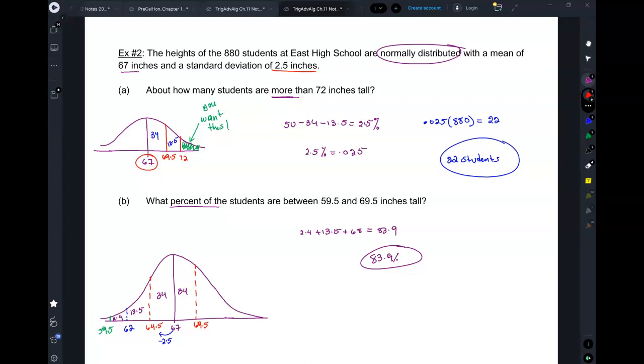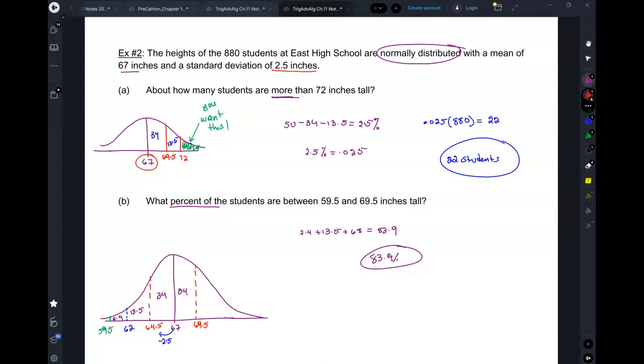For this one, the mean was 67, and this was heights of students. If a student was 69.5 inches tall, they were exactly one standard deviation away from the mean. And if they were 72 inches tall, they were two standard deviations away from the mean.